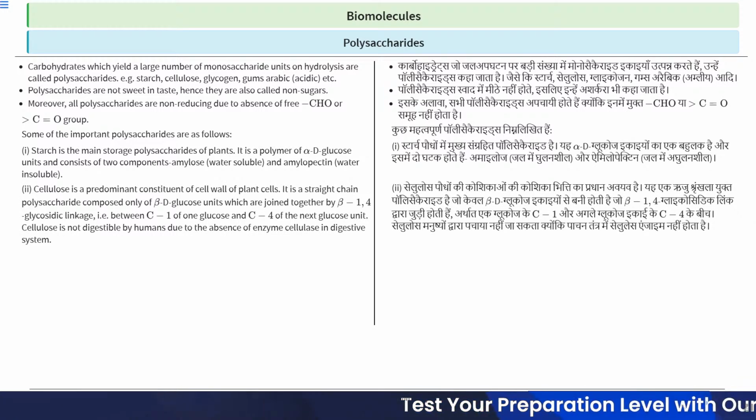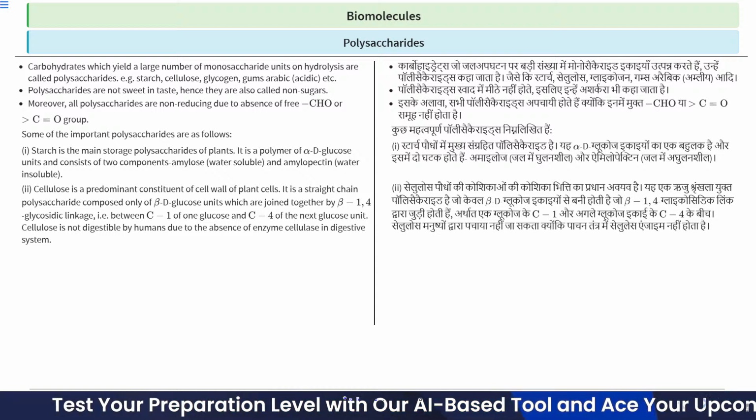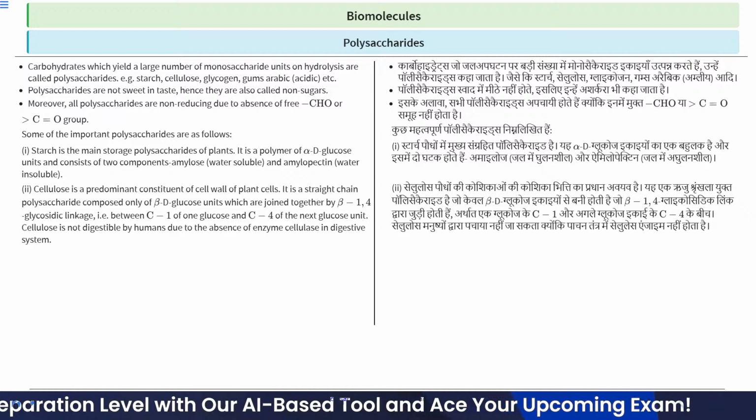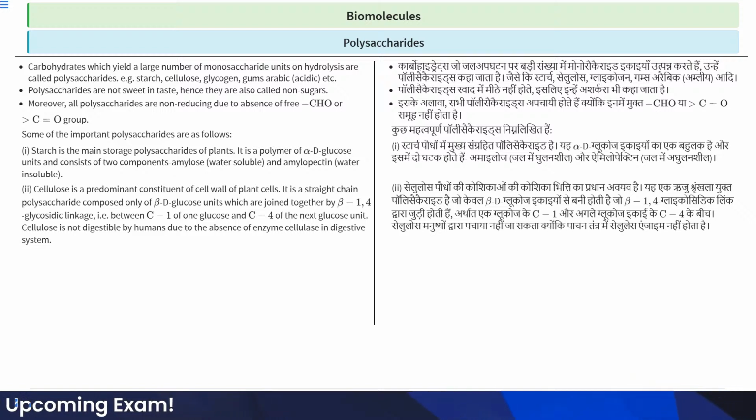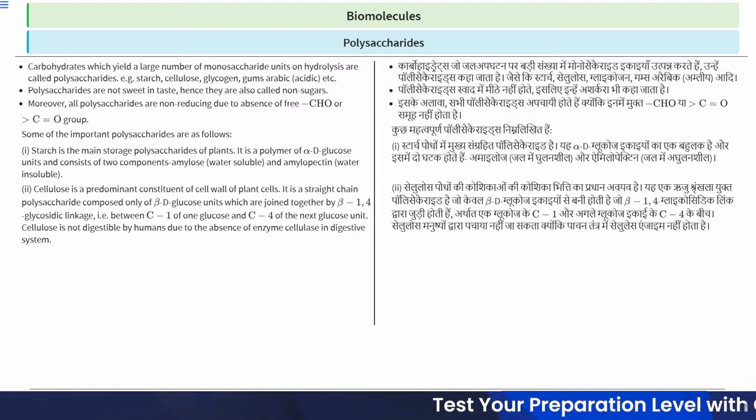The second polysaccharide is cellulose. Cellulose is a predominant constituent of the cell wall of plant cells.